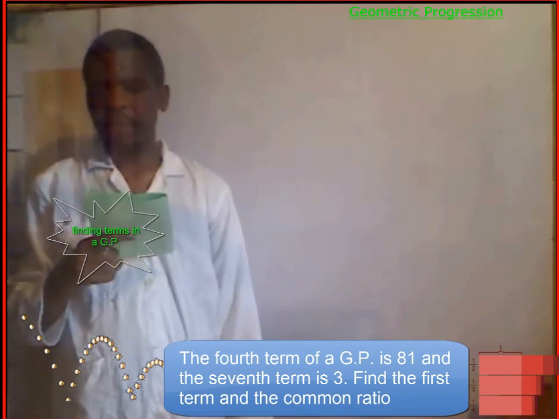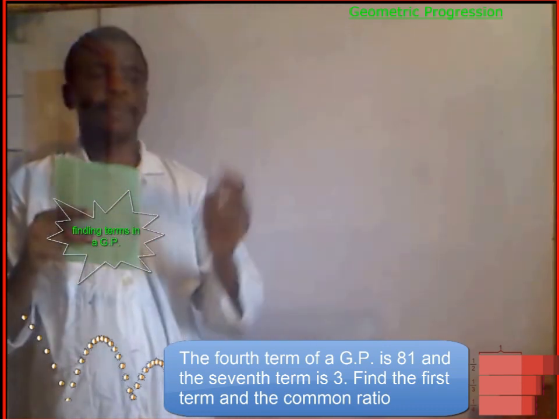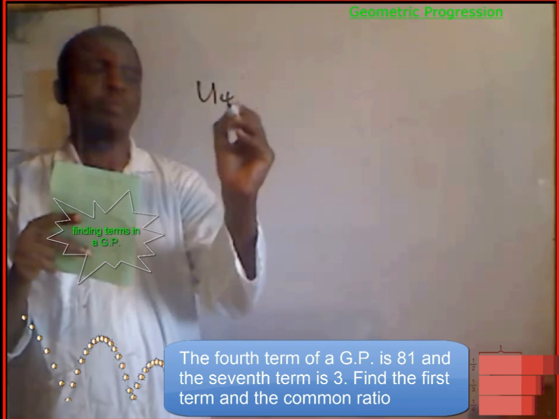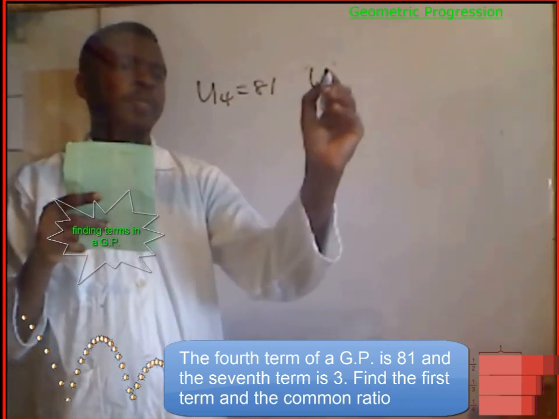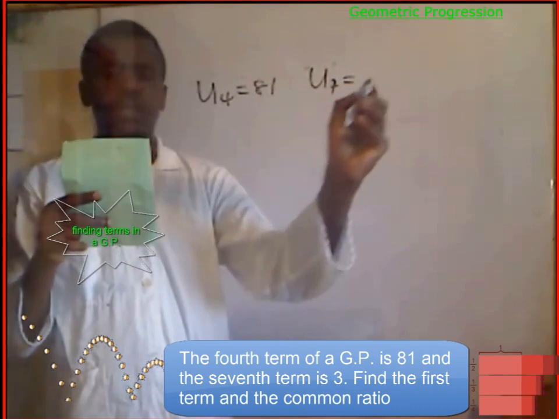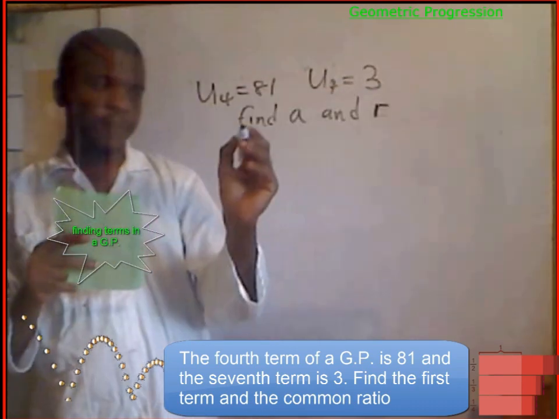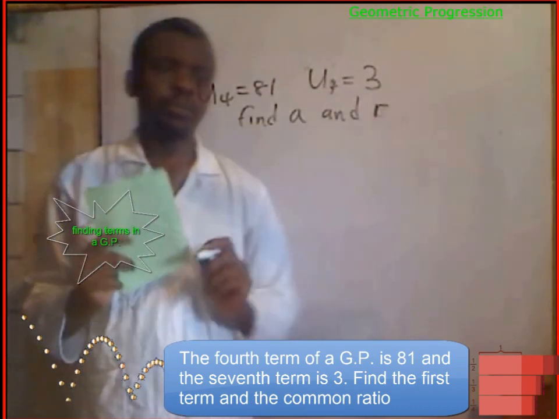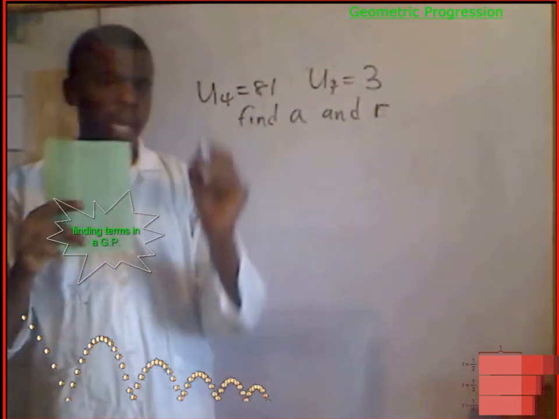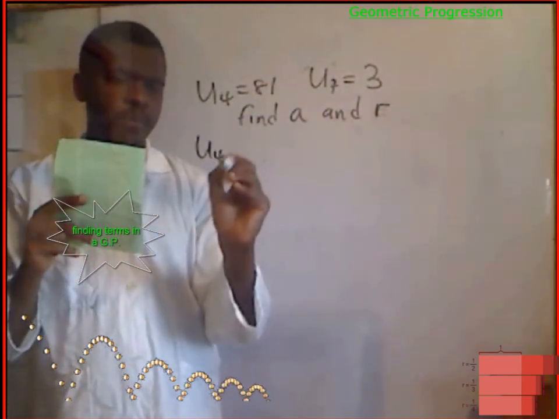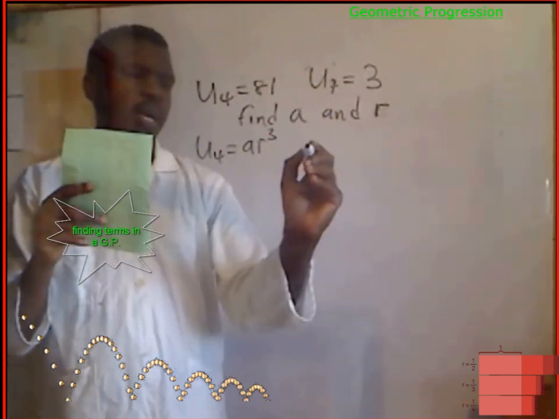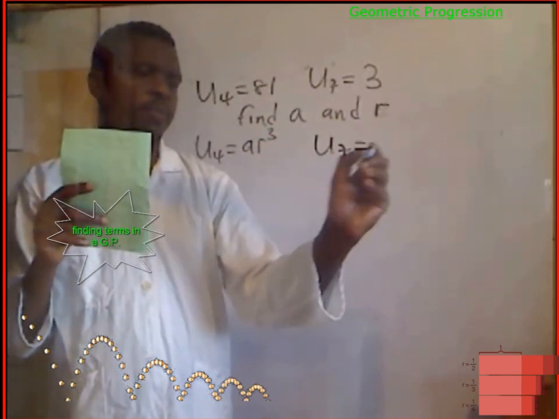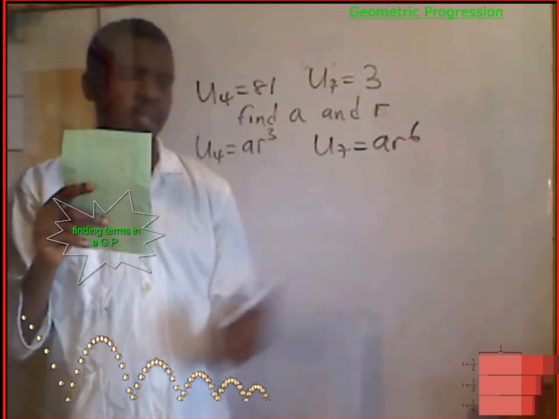The 4th term of a GP is 81 and the 7th term is 3. Find the first term and common ratio. I know that the 4th term is A times R to the 3rd, and the 7th term is A times R to the 6th.